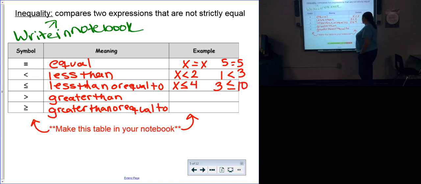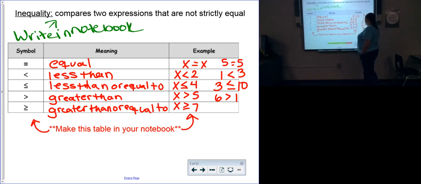For greater than, I can do x is greater than 5. I could do 6 is greater than 1. For the next one, I could have x is greater than or equal to 7.